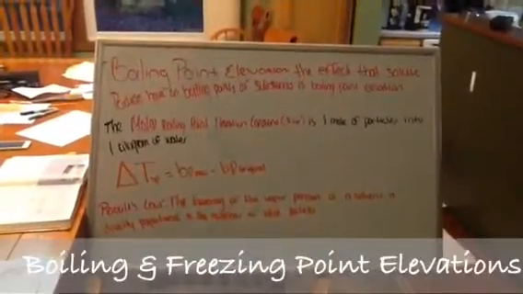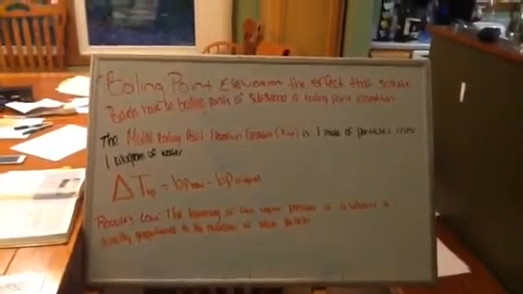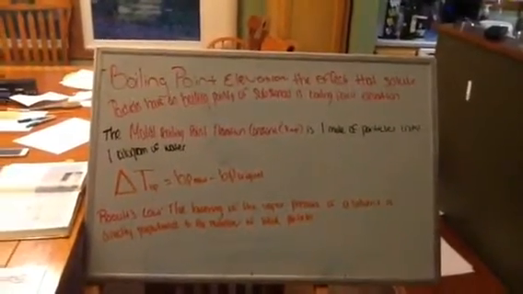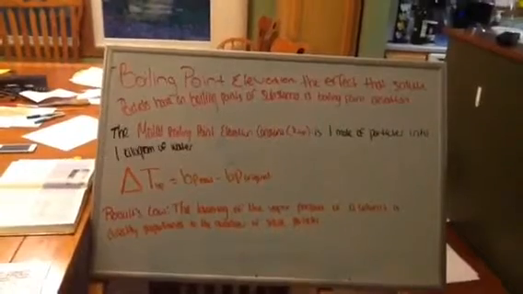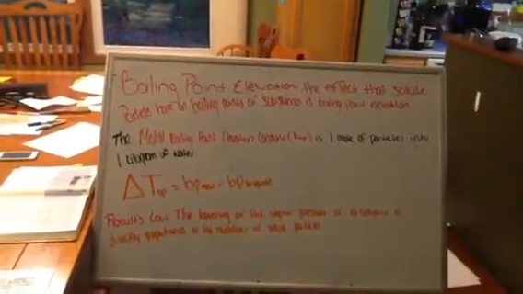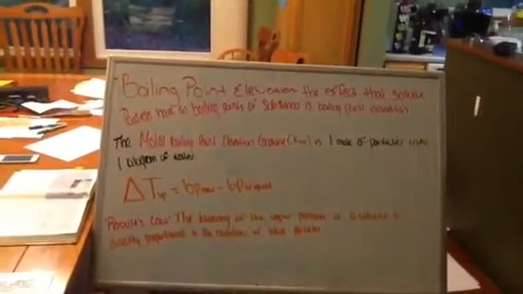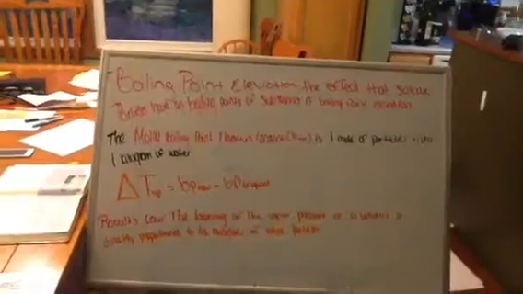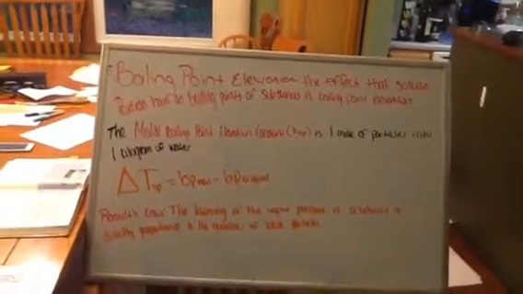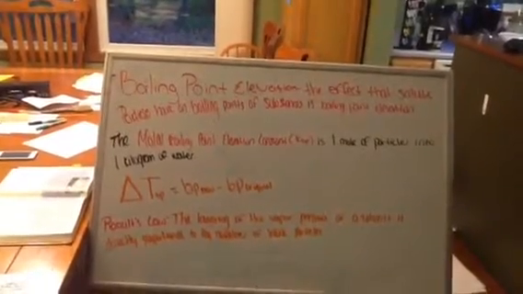Boiling point elevation. The effect that solute particles have on boiling points of substances is boiling point elevation. The molar boiling point elevation constant, capital K, lowercase b, and p, is 1 mole of particles into 1 kilogram of water. The chemical equation for molar boiling point elevation is listed below.